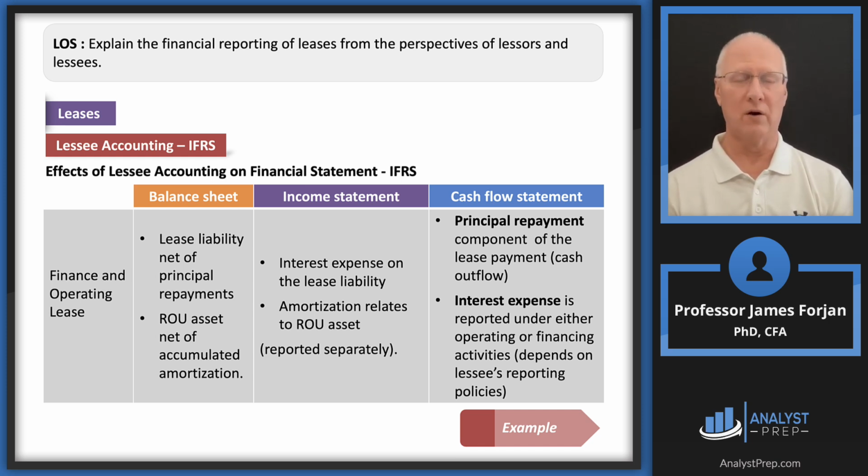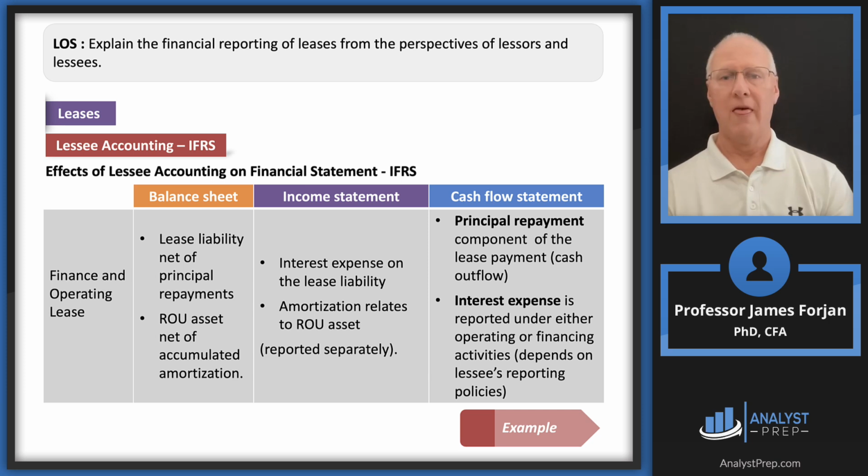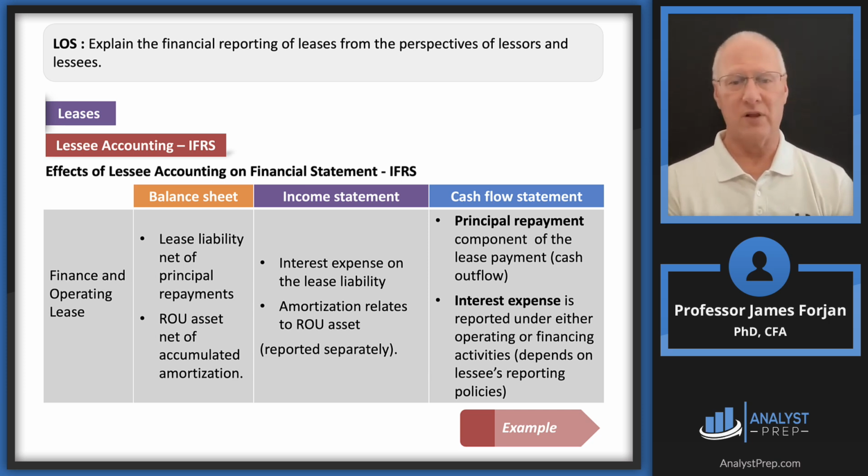What does this look like on financial statements? There are some interesting things on the balance sheet, the income statement, and the cash flow statement. I would remember over on the cash flow statement that we've got the principal payment and the interest expense. Those two things are probably going to be separate.